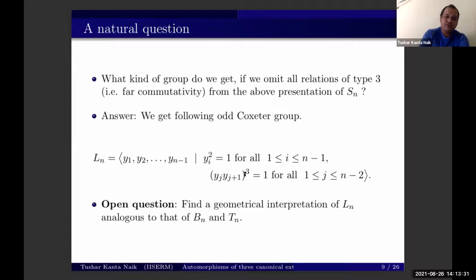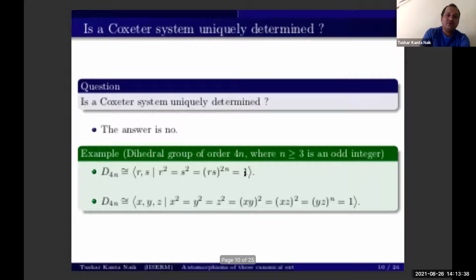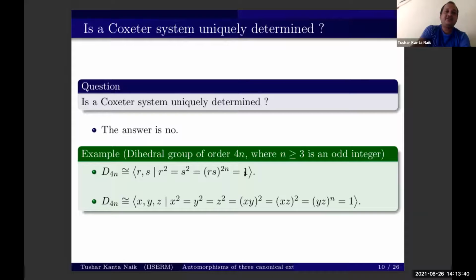To do that, we'll go back to Coxeter groups. As I said earlier, Coxeter systems are not uniquely determined. Here we have an example: the dihedral group of order 4n, where n is an integer greater than or equal to 3. This can have the following two Coxeter presentations. In the first, it is generated by 2 elements with these relations, and in the other, it is generated by 3 elements with these relations.